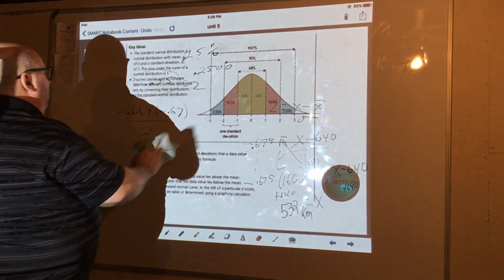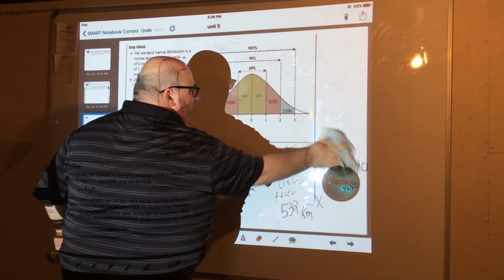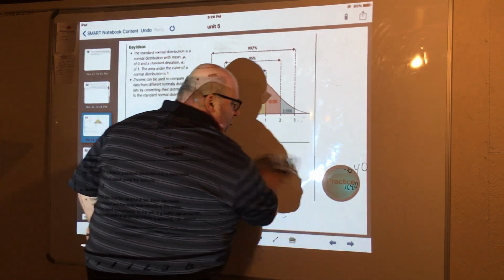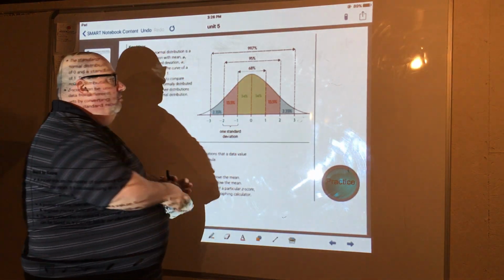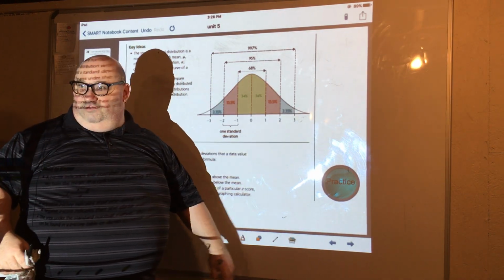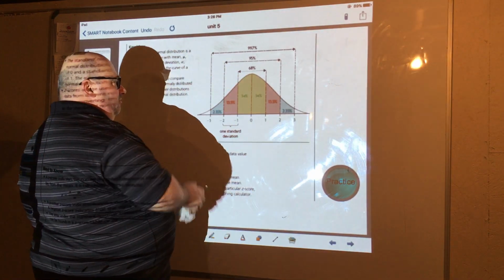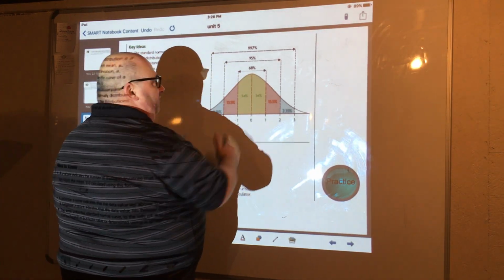The main takeaways from this: we started off with our normal distribution curve, right? 34%, 13.5, 2.35, 0.15, okay? 100% of the data, 50% of the data.